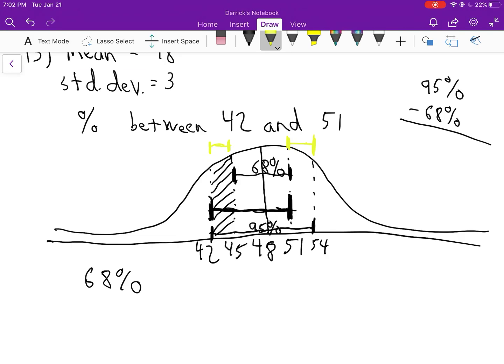I will know what both of those together are. Well, 95 minus 68 gives me 27%. So I know that both of these pieces together equal 27%.